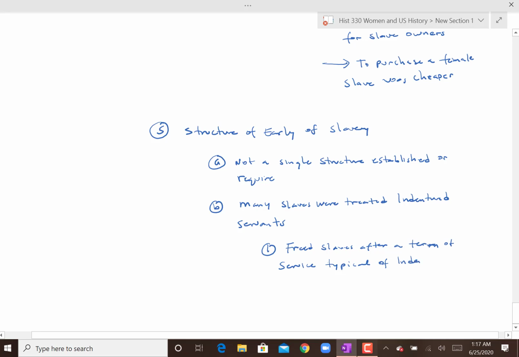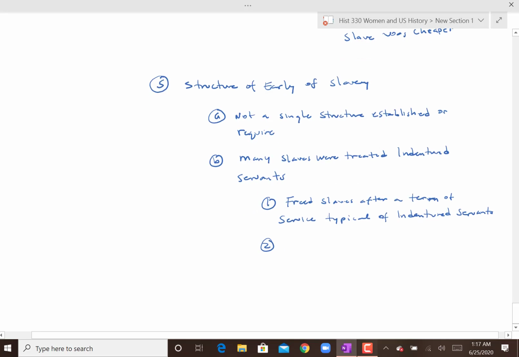Even though there was not a contract for that, we have records of slaves being freed after so many years of work. They also were able to purchase their own freedom.